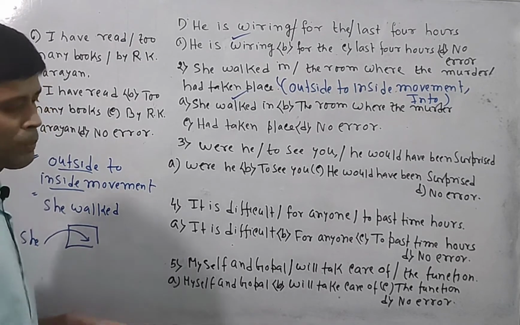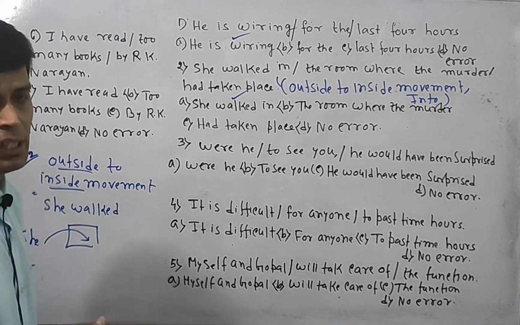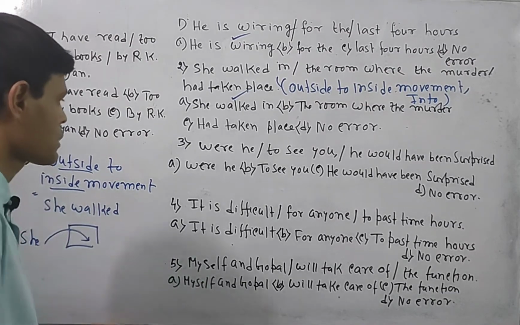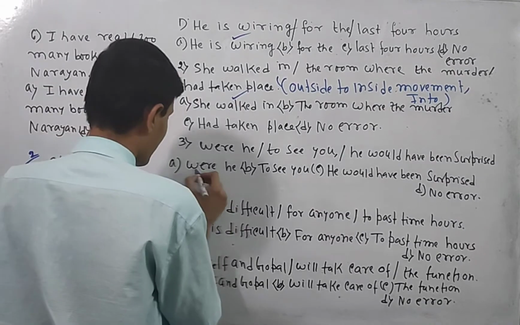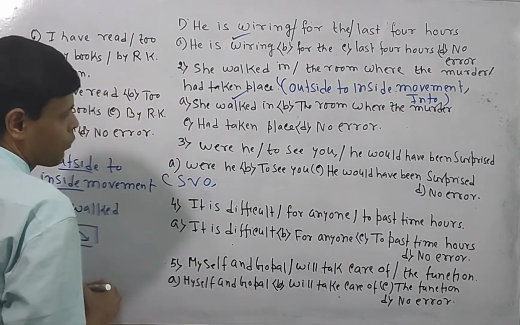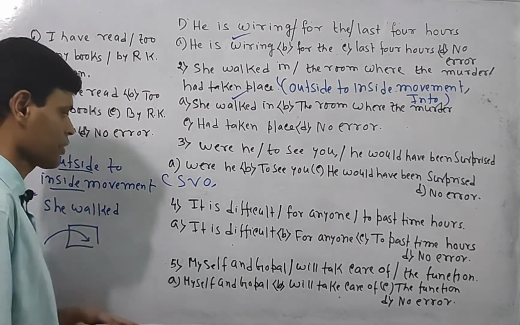Now be careful about one thing. Whenever you are going to write any kind of sentence in assertive form, the order must be SVO order. This means subject, verb, object. But here, look over the sentence construction.